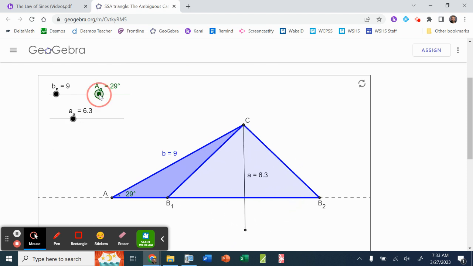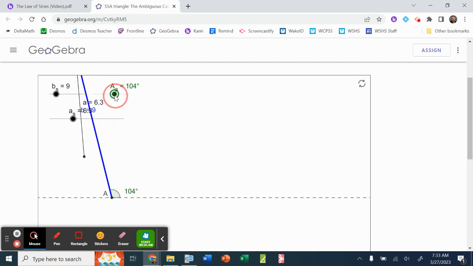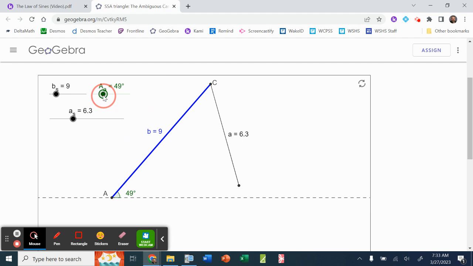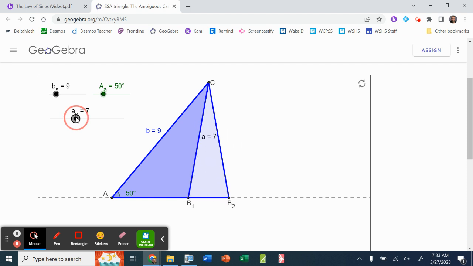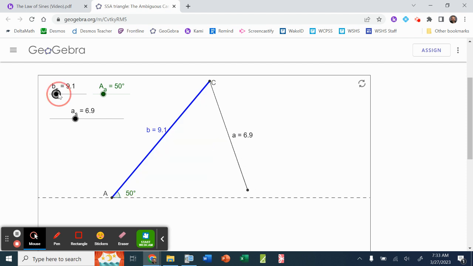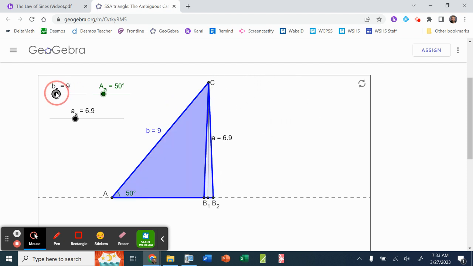And if we were to form, let's see if I can make it do this, if I was to form a right triangle, it is possible to get exactly one triangle with the ambiguous case. I think it's going to be very difficult to do, though.